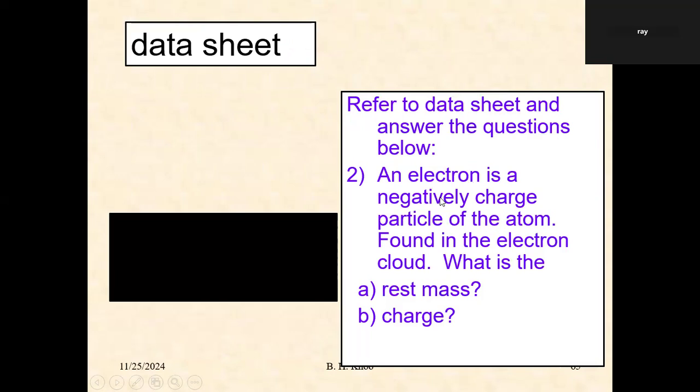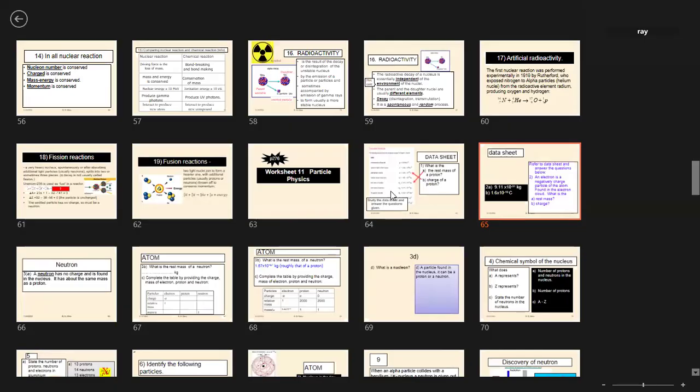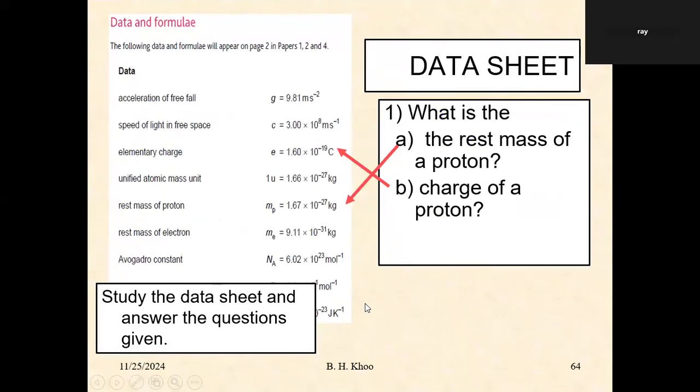An electron is a negatively charged particle of the atom found in the electron cloud. What's the rest mass of the electron? Refer to your notes.